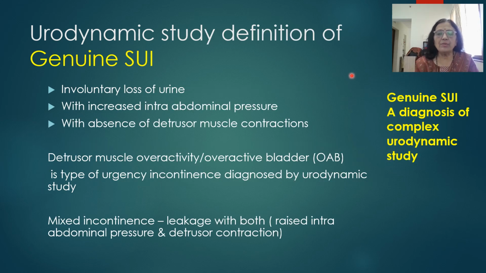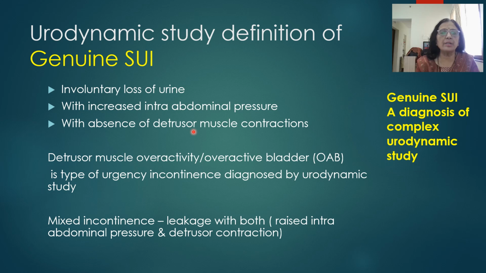Now, the reason why we have seen these types of urodynamic studies is that there is a separate definition of stress urinary incontinence when we do the diagnosis on the basis of urodynamic study. The urodynamic study definition of stress urinary incontinence is called genuine stress urinary incontinence. Here there is involuntary loss of urine with increased intra-abdominal pressure with absence of detrusor muscle contractions.